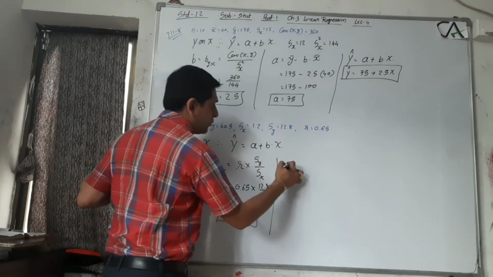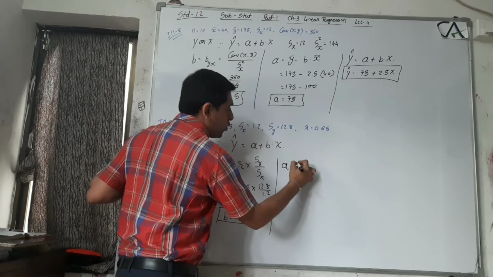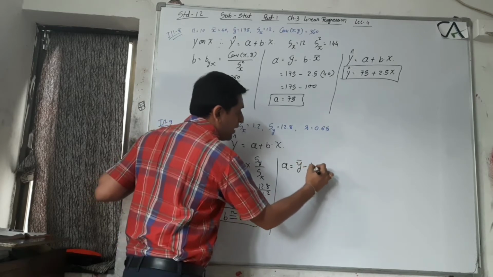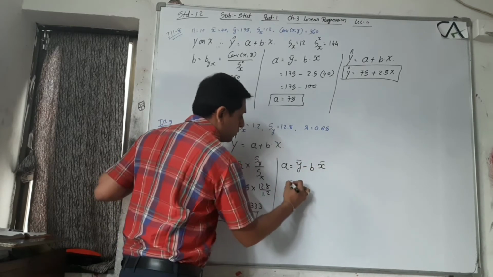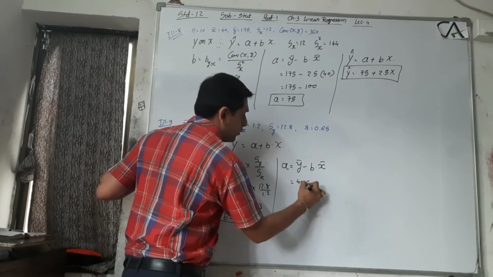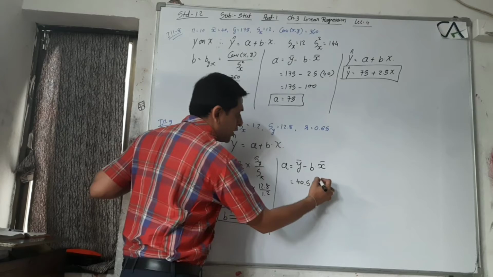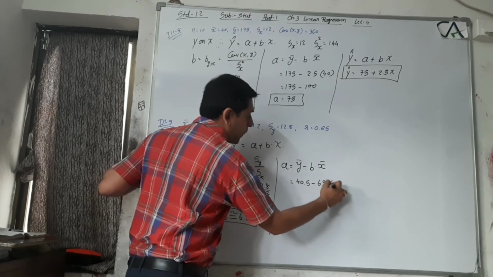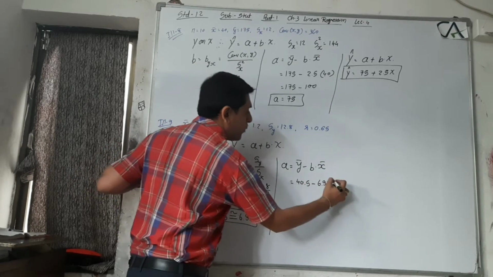Now A is equal to Y bar minus B X bar. What is your Y bar? 40.5. What is your B? 6.93. What is your X bar? 5.5.